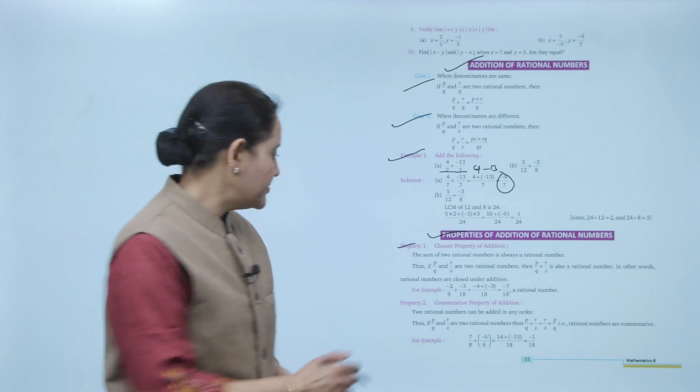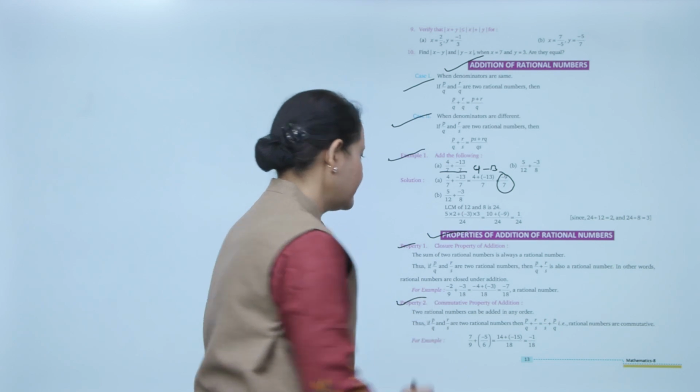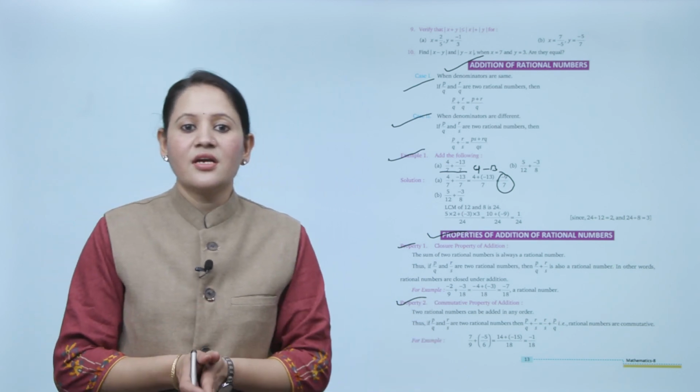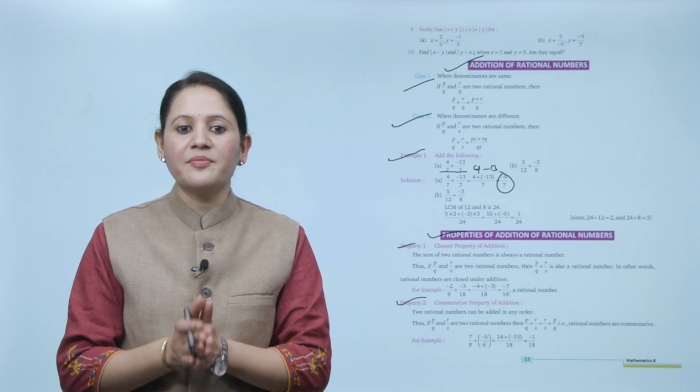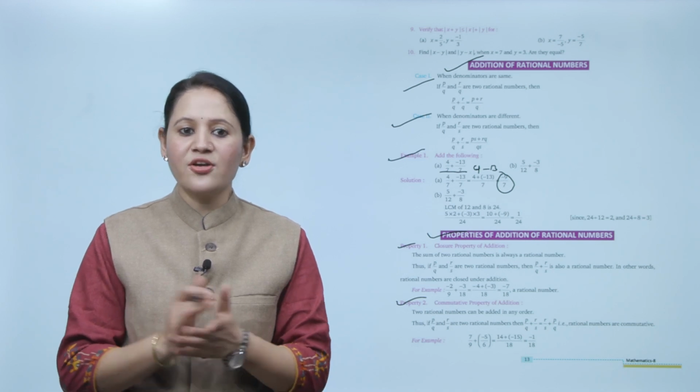Next, property 2. Commutative property of addition. Two rational numbers can be added in any order.